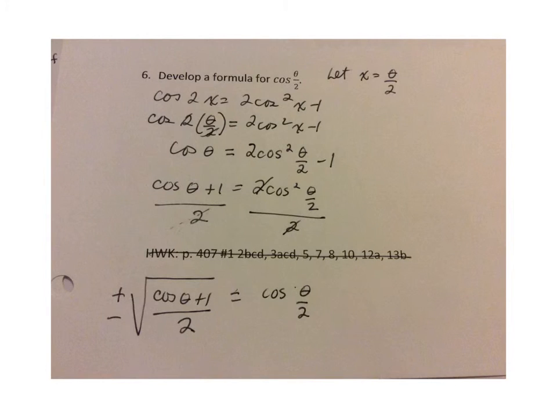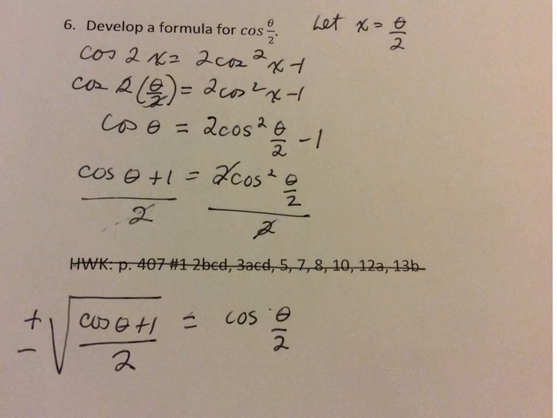We're developing a formula for cos theta over 2. It's a half angle. Same as in the previous example, we'll let x equal theta over 2. Using the double angle formula, cos 2x equals 2 cos squared x minus 1.